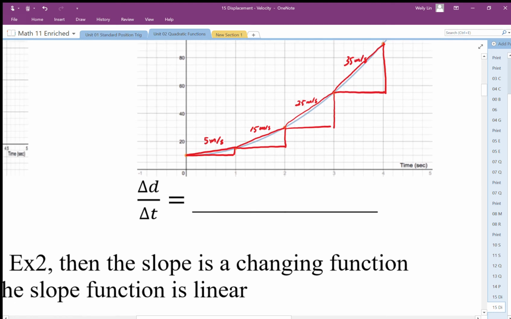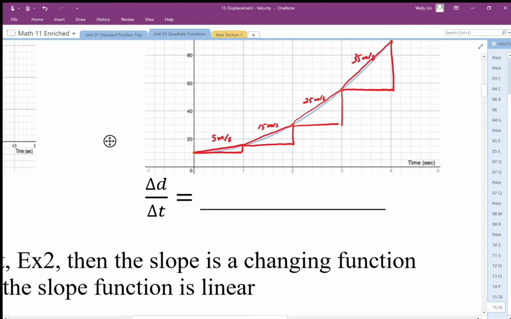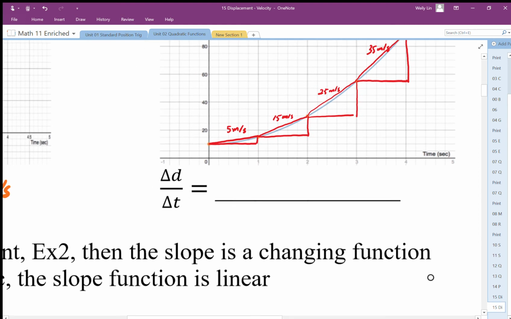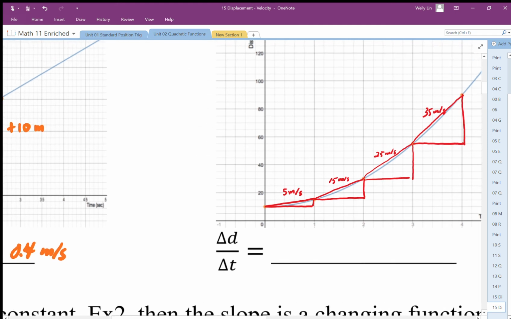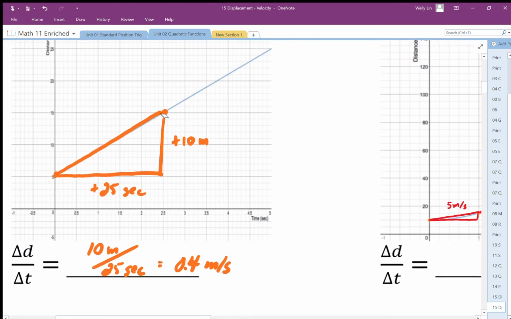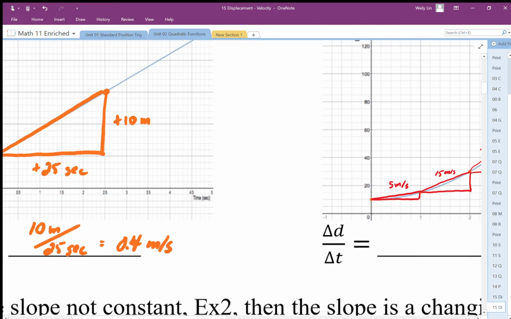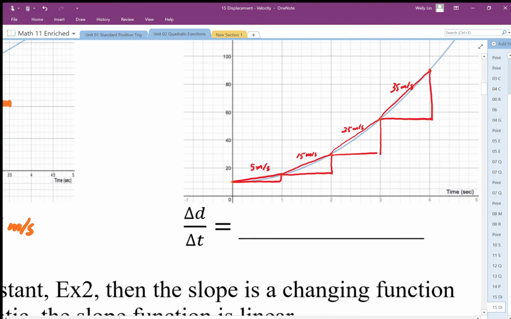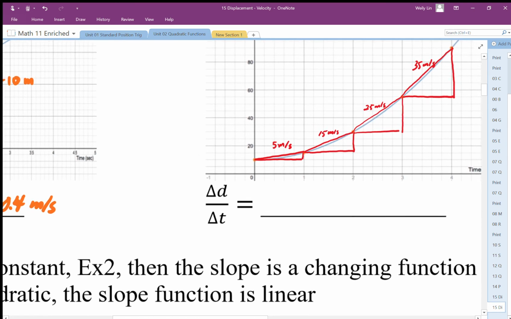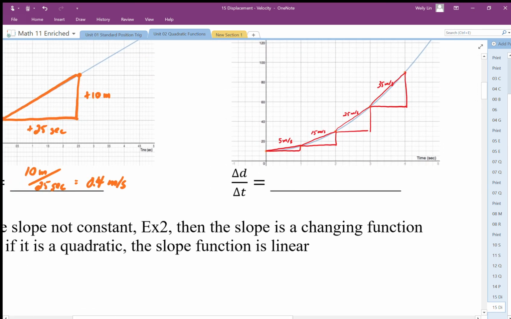And we can come up with a slope function for that. This is the idea then: knowing that the rate of change of a quadratic is linear, the rate of change of a cubic is quadratic, and the rate of change of a linear function is constant, we can analyze how we get these different velocities and maybe predict a function for them.